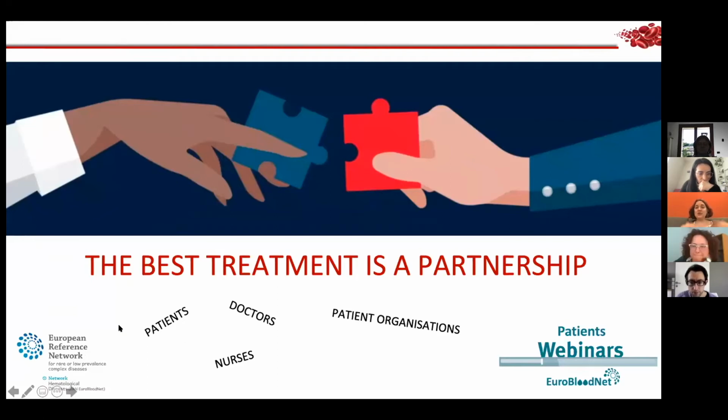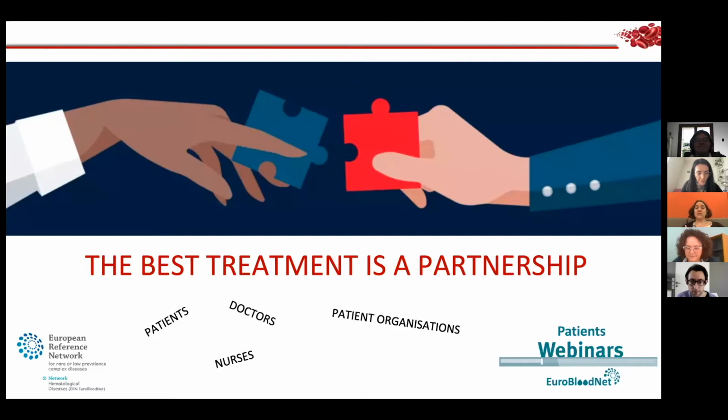The patients, you are all experts in your condition, and you will know more than anybody about your condition. Especially with a rare disease, what you have may be slightly different from what somebody else has with the same condition. So it's about seeing you as an expert in your condition. But you don't have all the information that you need to look after yourself.